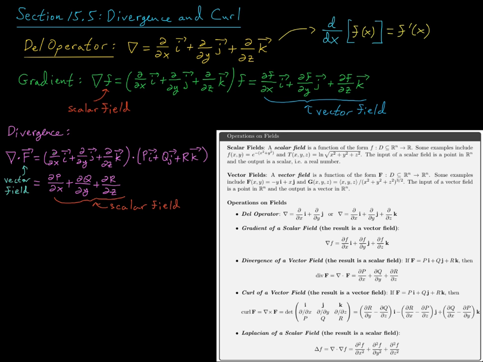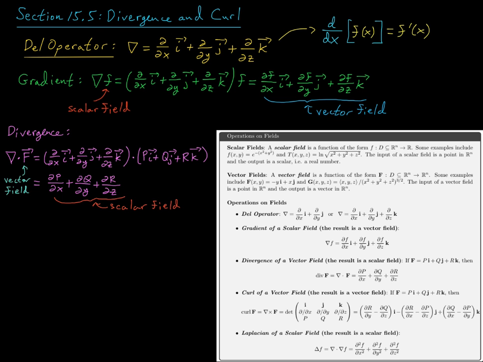You want to think about del x here as being applied to the function P. So I'm going to get the x derivative of P, and then I'm going to get del y of Q, in other words, just the y derivative of Q, plus the z derivative of R. So here I'm thinking of the input as a vector field, capital F, and the output is not a vector. It's a scalar field.